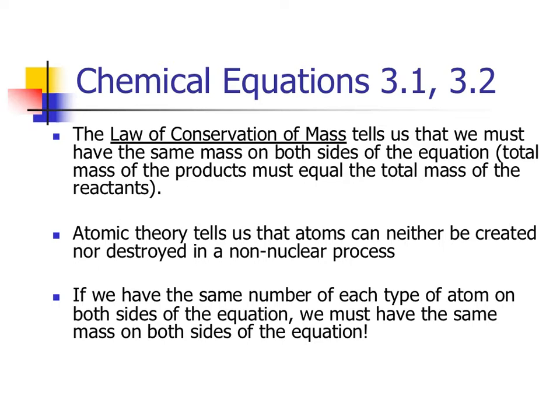So the same thing has to happen with our chemical reactions. On a macroscopic, large scale, conservation of mass is very easy to understand. The amount that we start with has to be the amount that we end with, as long as we're able to control everything.